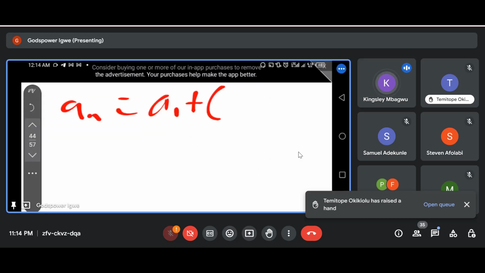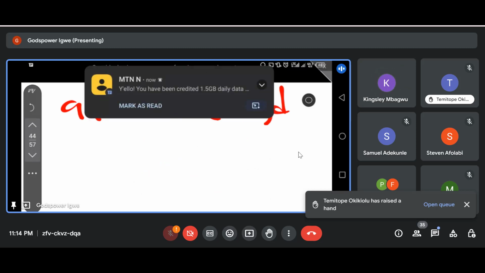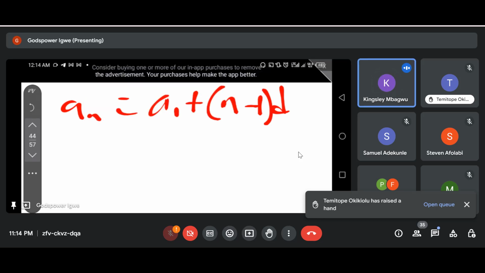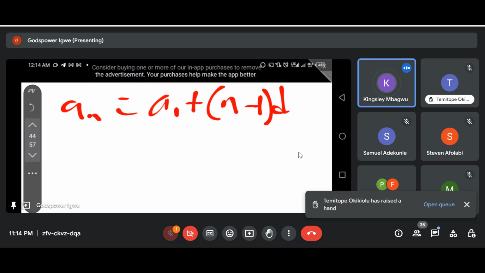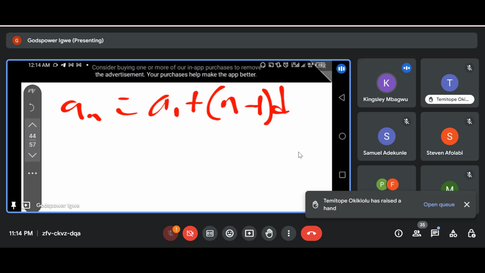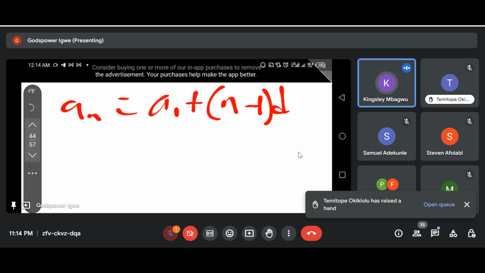A1 plus bracket n minus 1 d. This is the explicit formula. So the 14th term is, what is our 14th term?